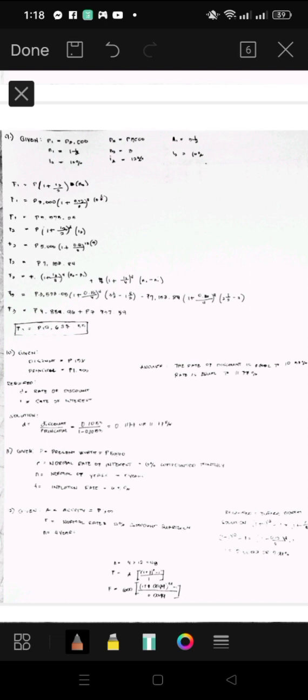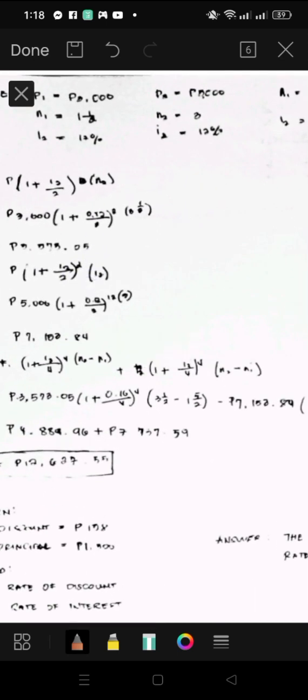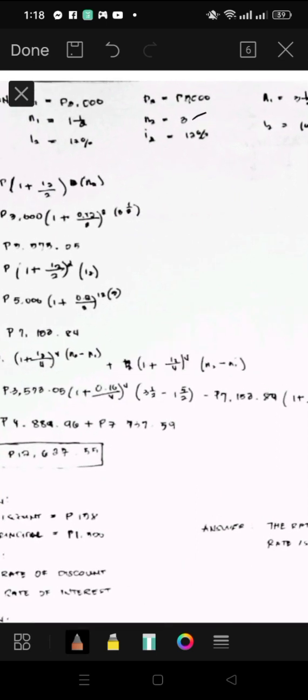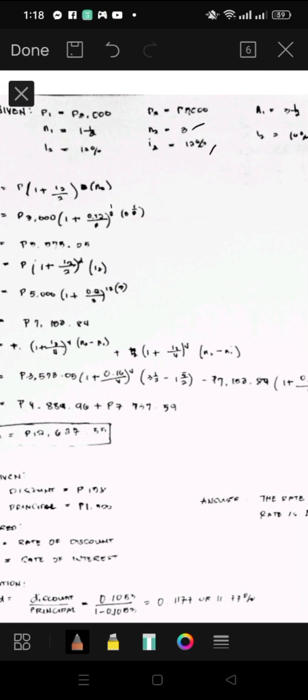P2, as stated, is equal to 5,000, and n2 is 3 years, with i equal to 12%. Then P3 is unknown, the required, at 3.5 years, and i is 16%.